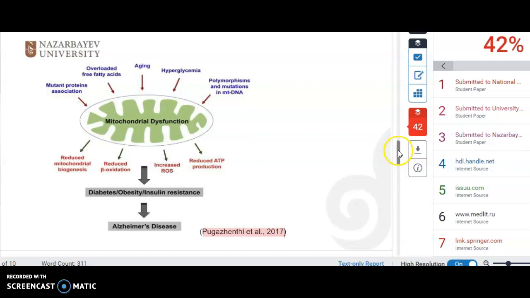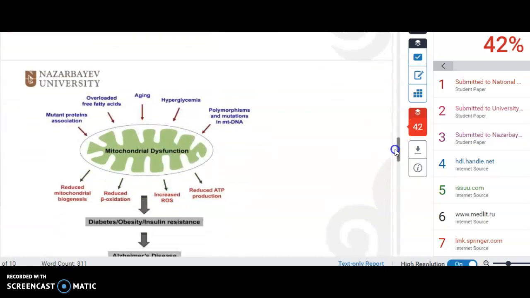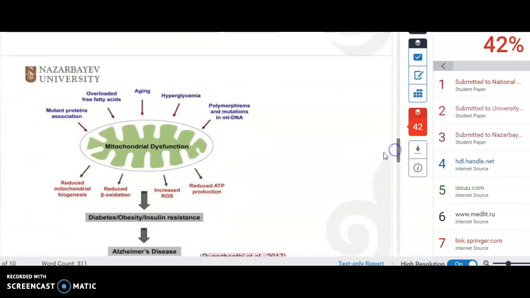I think this is probably enough just to discuss the brain changes in Alzheimer. That's enough, I think. Remember, we are talking to non-specialists, so you probably don't need all of this. It's very specific. Hyperglycemia, overload, yeah, probably not.